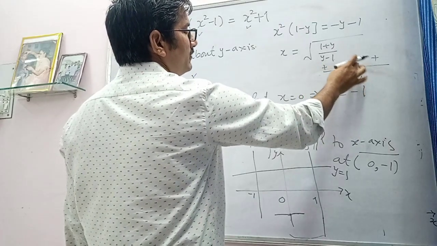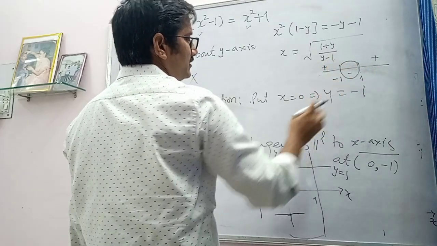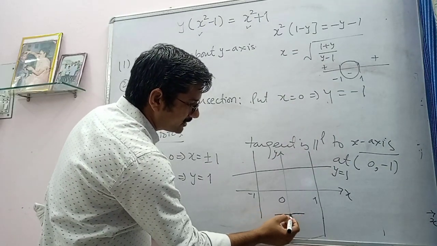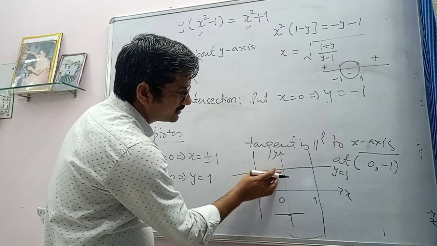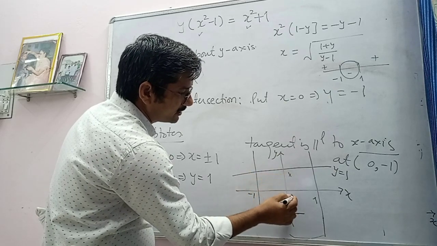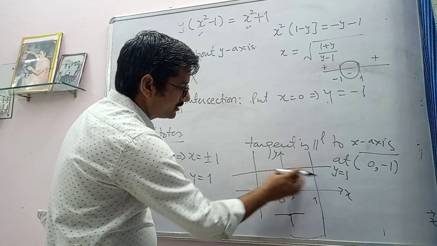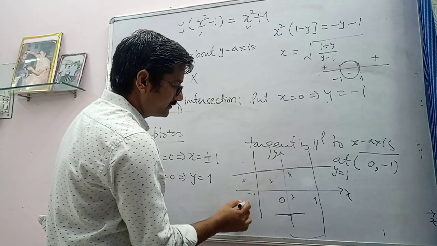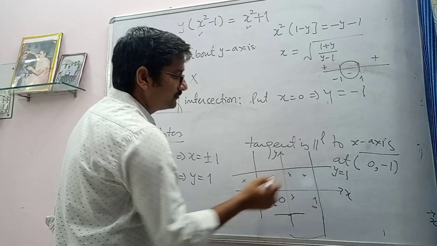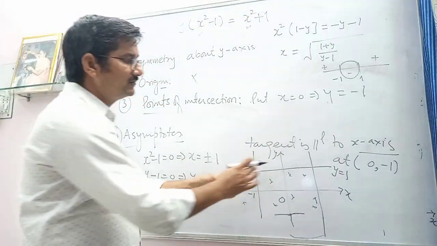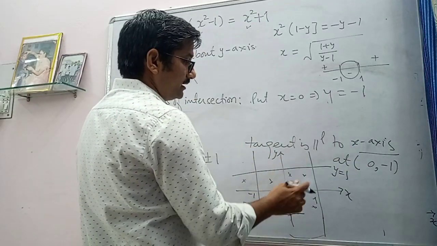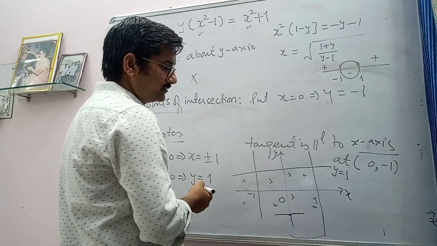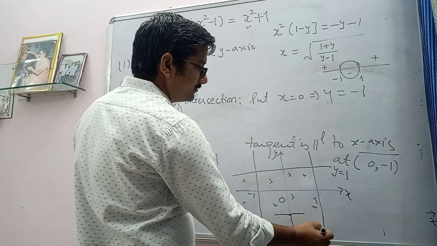So y is -1 here and +1 is here. If y is between -1 and +1, the curve will not lie in this portion. So don't bother about this portion, we will not trace the curve here. But it has the symmetry about y-axis, so we will trace only in this side. y equal to 1 is an asymptote, and x equal to 1 is an asymptote.